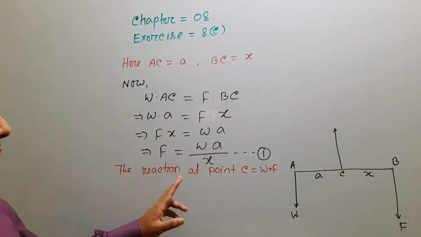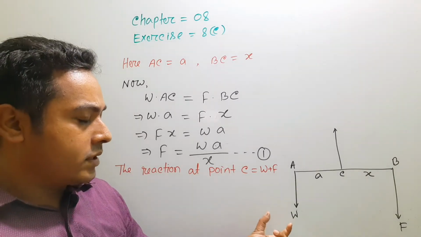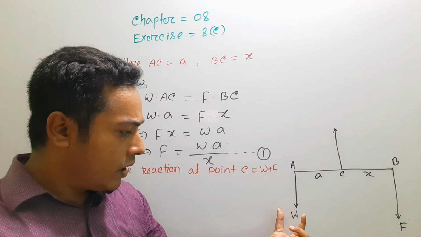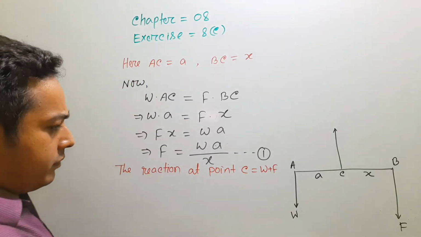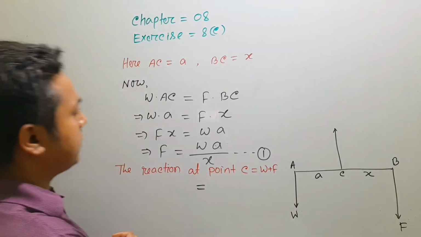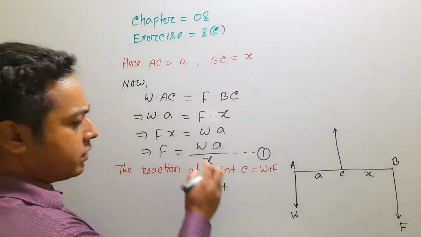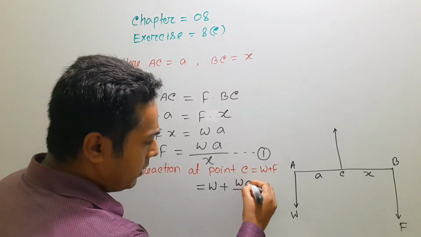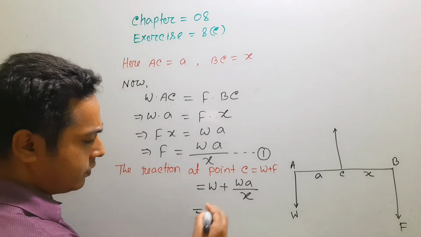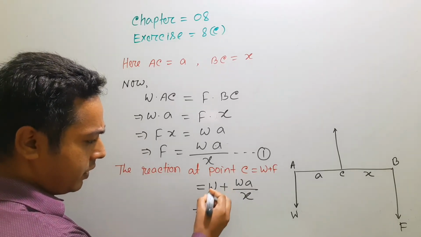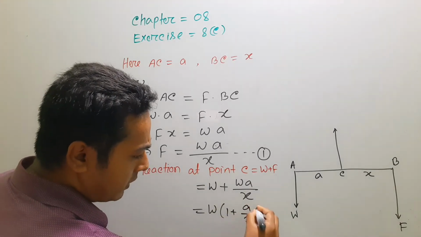Now the reaction at point C. At point C, the reaction is the summation of load W and hand pressure F. Here F from equation 1 is WA divided by X, so R is equal to, taking W common, W into (1 plus A divided by X).